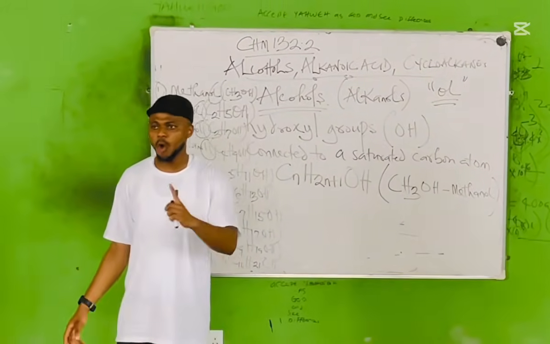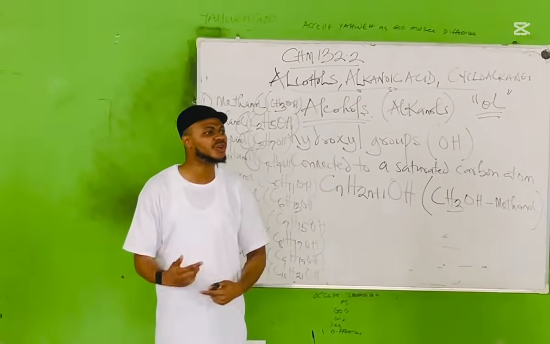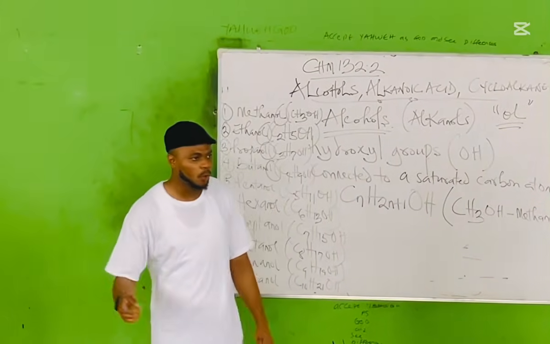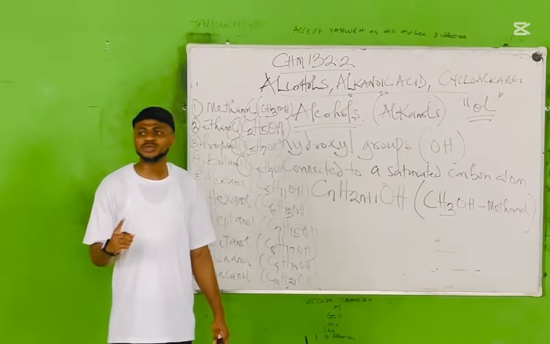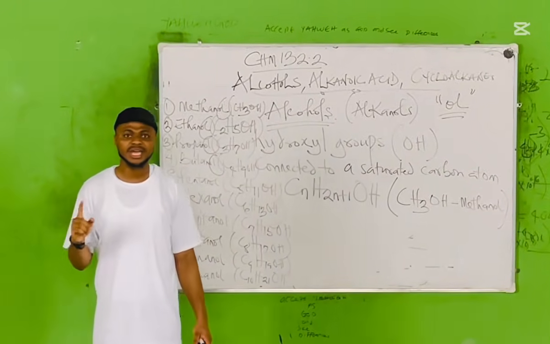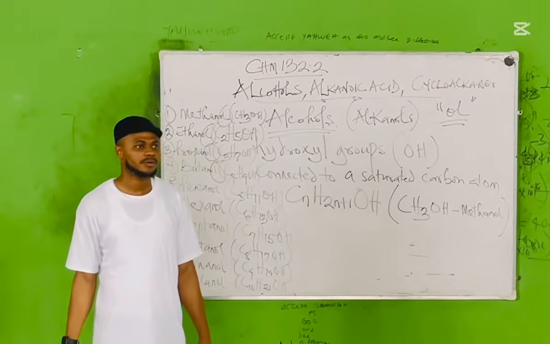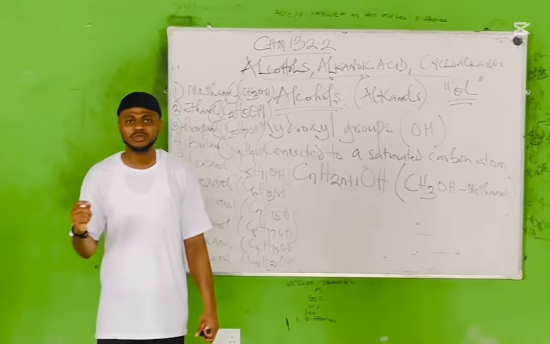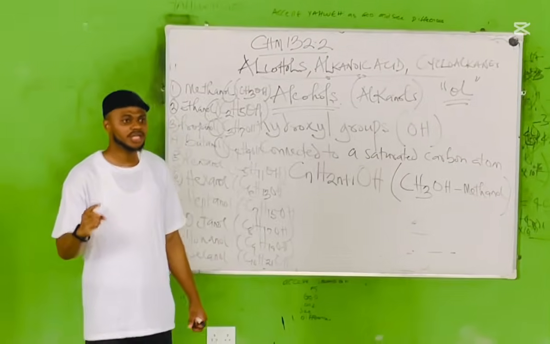Okay? I will be reiterating the general rule again. Number one, count the longest continuous carbon chain in the structure. That's the first rule.